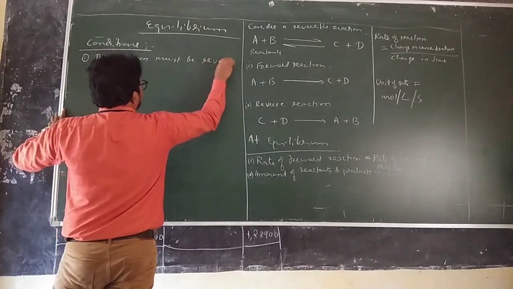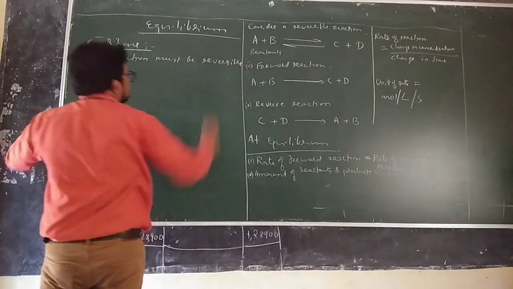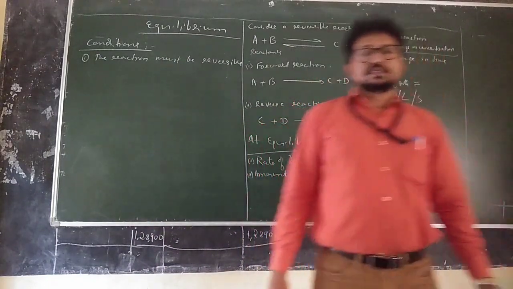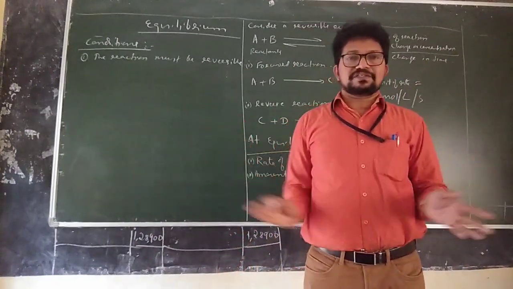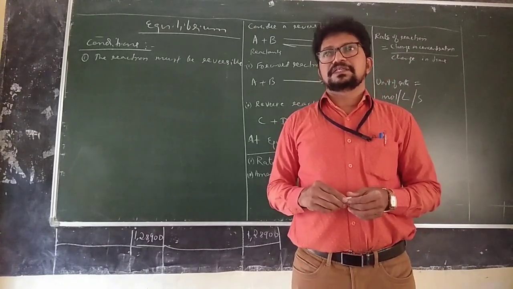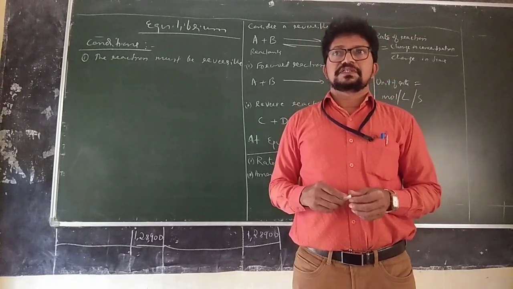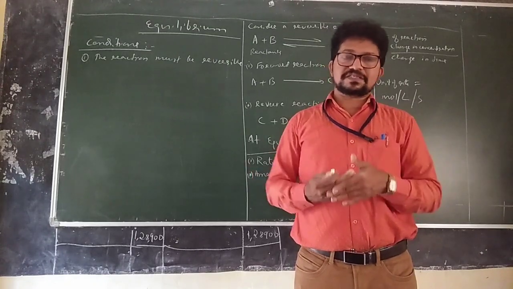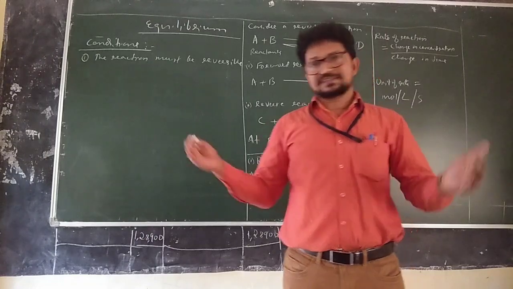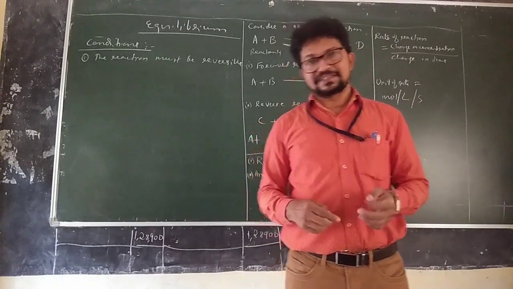So it is not possible in one-sided reactions. It should be a reversible reaction. What is a reversible reaction? A reaction in which the reactants combine to give the products under the same experimental condition, and products also combine to give back the reactants.